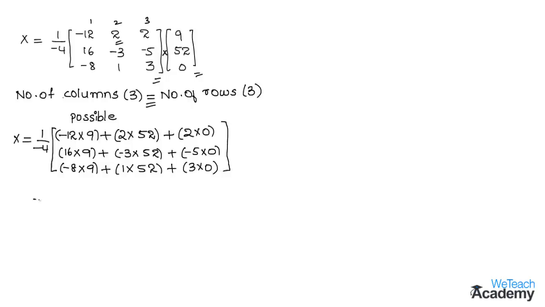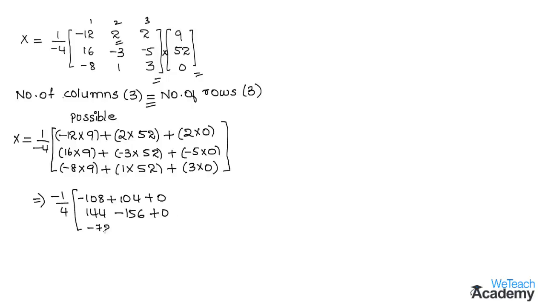And here by multiplying we get -1 by 4 into -12 into 9, which is -108, plus 2 into 52, which is 104, plus 2 into 0, that is 0. And in the second row we get 16 into 9, that is 144, plus -3 into 52, we get -156, plus -5 into 0 is nothing but 0.